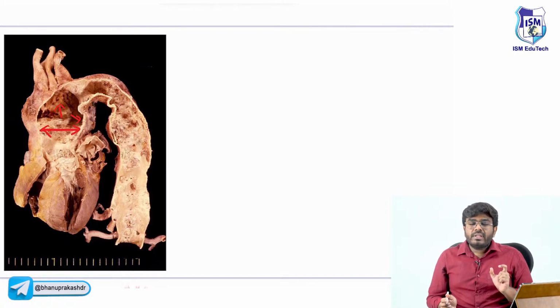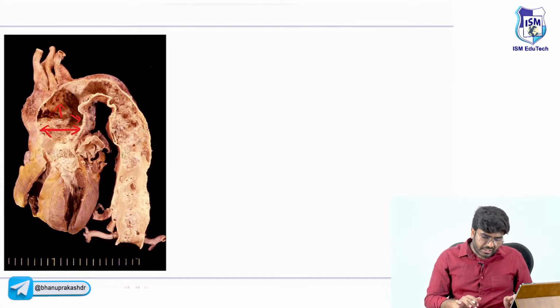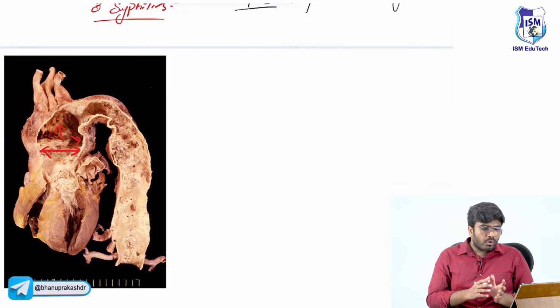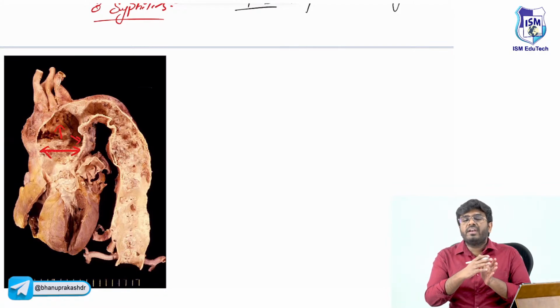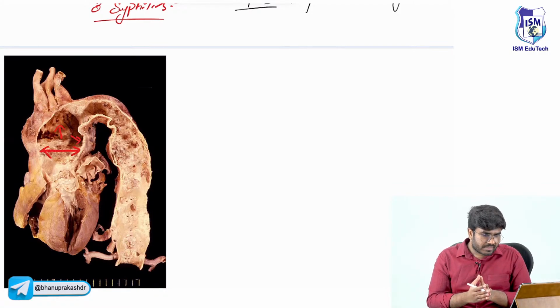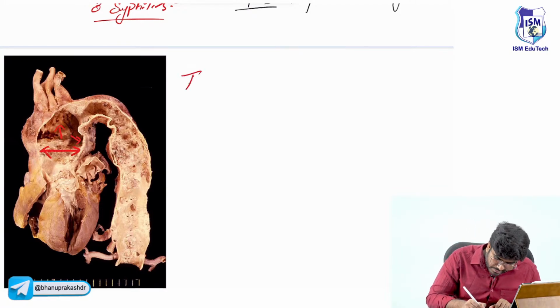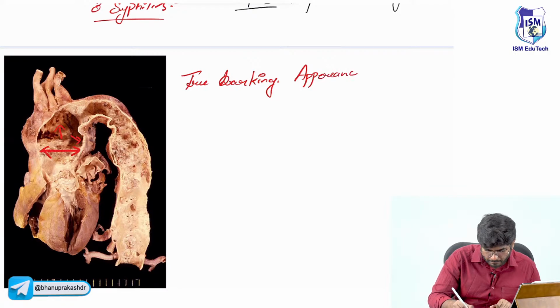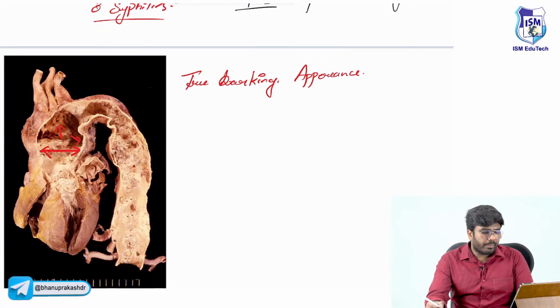So, these luetic aneurysms are seen in which condition? Tertiary syphilis. So how are these syphilitic aneurysms going to appear? There will be tree barking appearance.